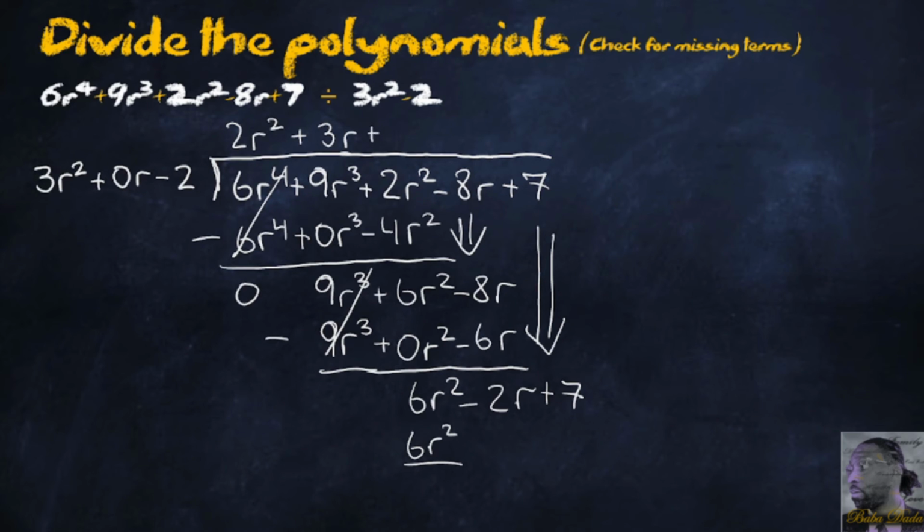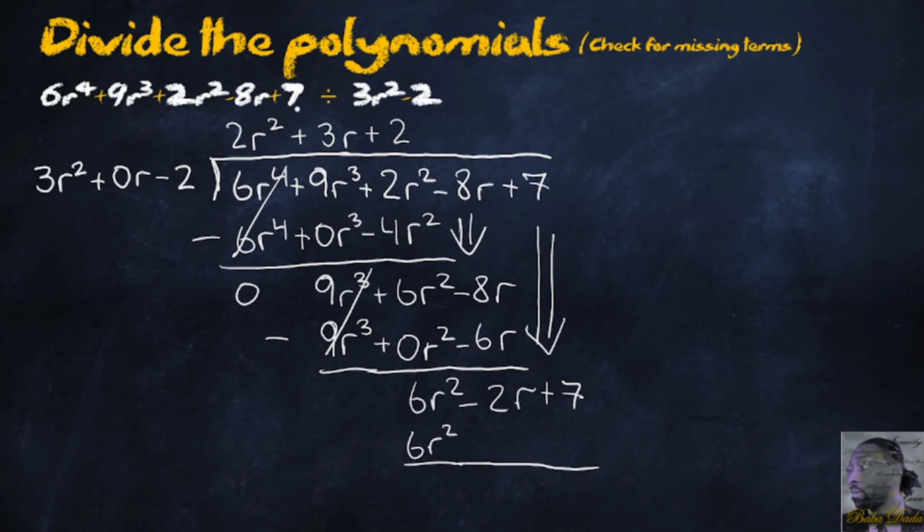And that number would be plus 2. That's it. Just plus 2. So 2 times 3 is 6, and then 1 times r squared is r squared.